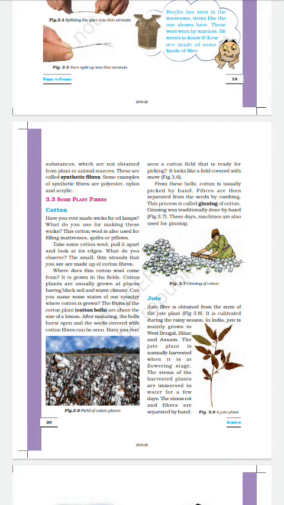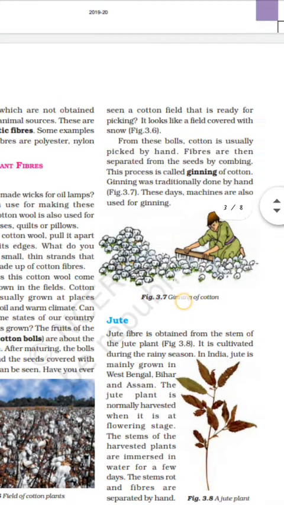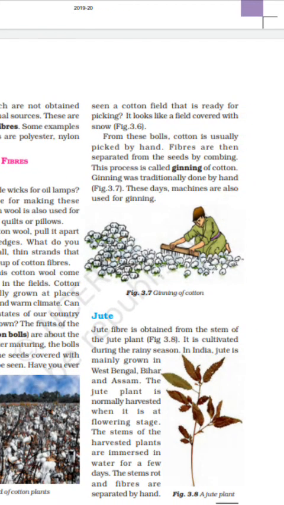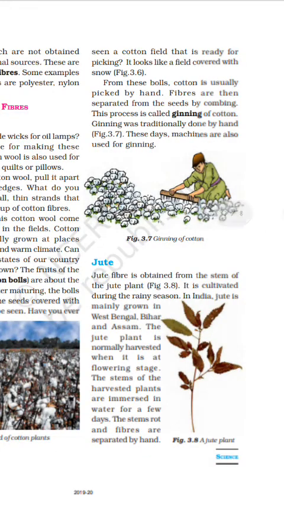Traditionally, ginning is done by hand, but these days there are machines which are very helpful for us in the process of ginning. Here you can also see how a woman and a man are doing ginning of cotton by hand.